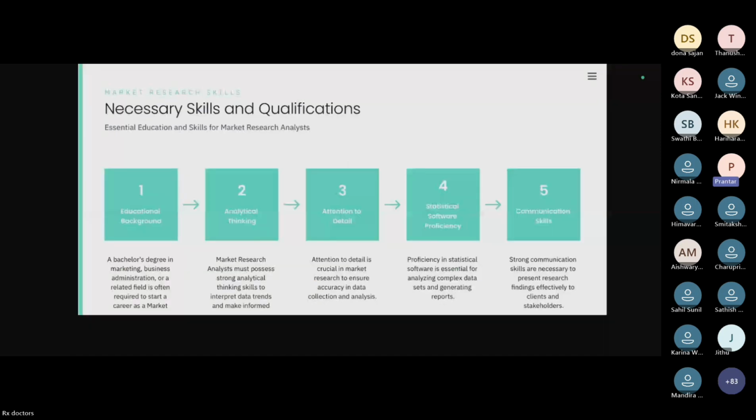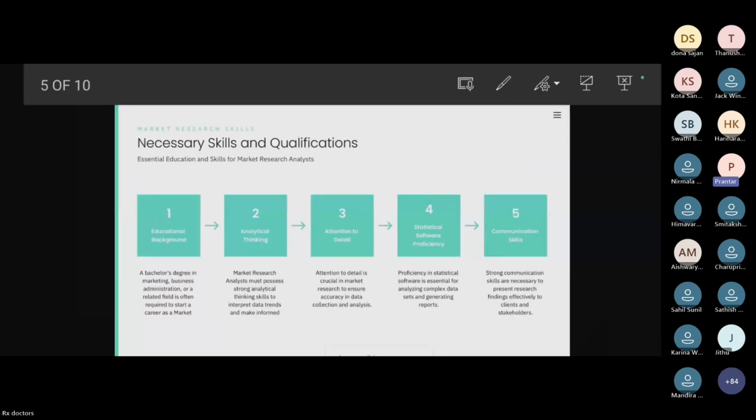All right. So now to succeed as a successful market research analyst, certain skills and qualifications make all the difference. For PharmD graduates, our educational backgrounds already provide a strong foundation in terms of healthcare market research. Here, analytical skills is really important.